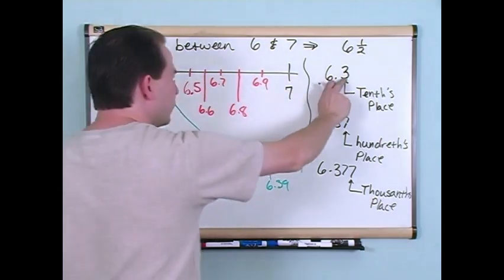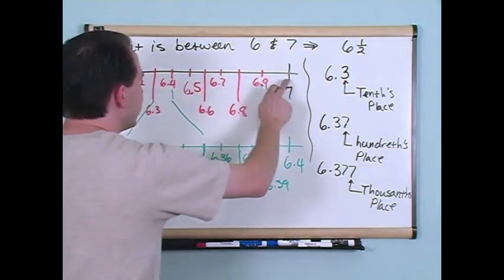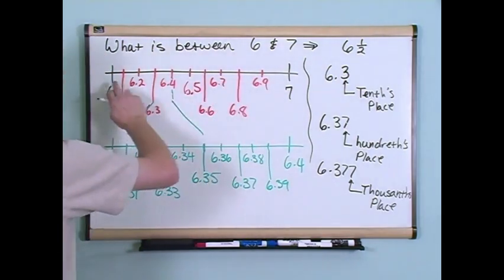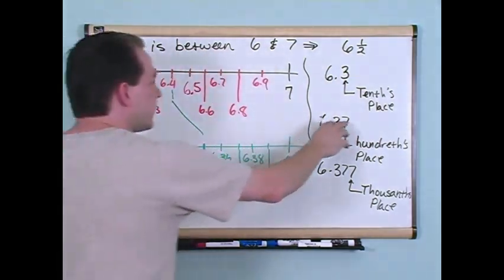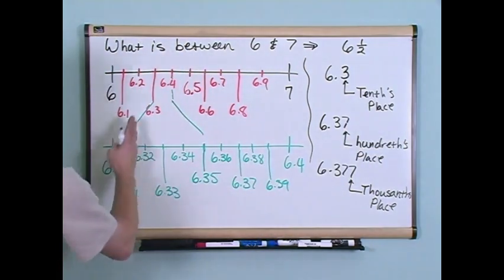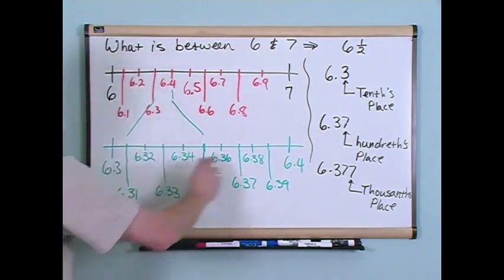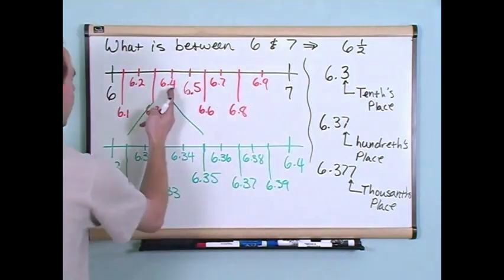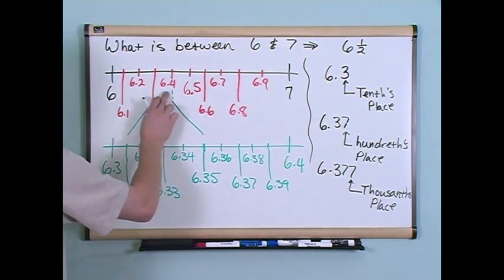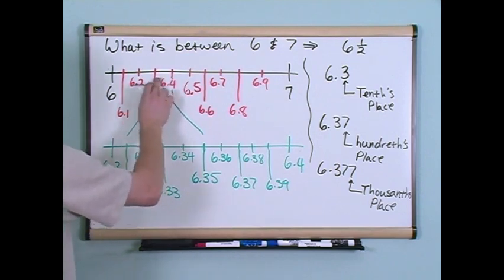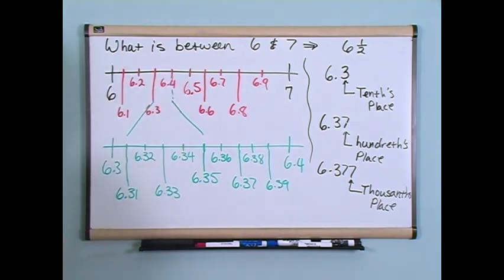The very first digit right after the decimal point is going to determine where I'm at, pretty close. Am I going to be closer to the 6 or am I going to be closer to the 7? As I start piling digits on, it's going to more accurately define where I'm at. You notice the second digit only affected where I'm going to be between 6.3 and 6.4. So it's only going to be able to do that for me.